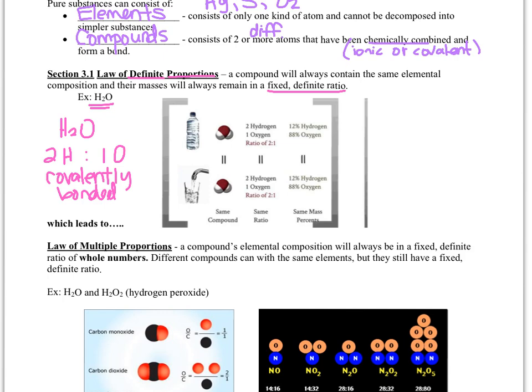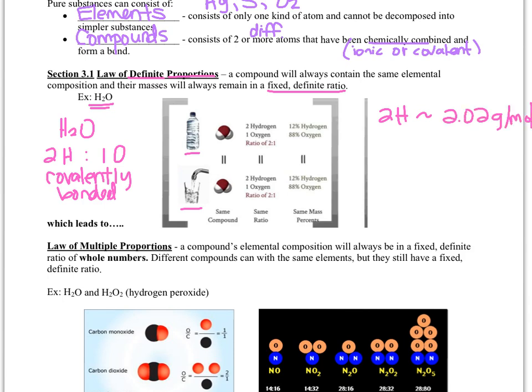So the picture is just showing exactly that. I could have a water bottle, I could have a cup, I could have a swimming pool, doesn't matter. The water molecule is still the same compound, so therefore my ratio of hydrogens to oxygens is the same. And that means my percent of hydrogen to oxygen by mass is still exactly the same, because if I have two hydrogens, in terms of mass, two hydrogens would basically be 2.02 grams per mole, right?